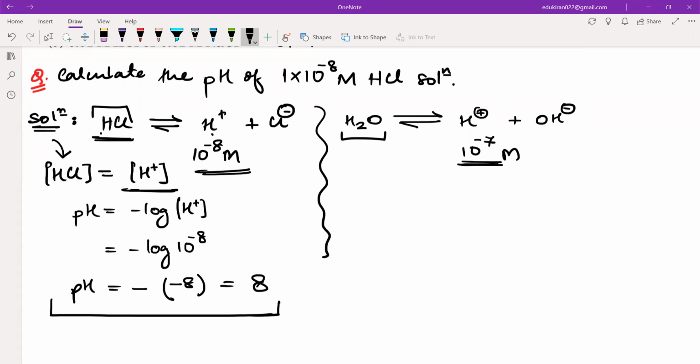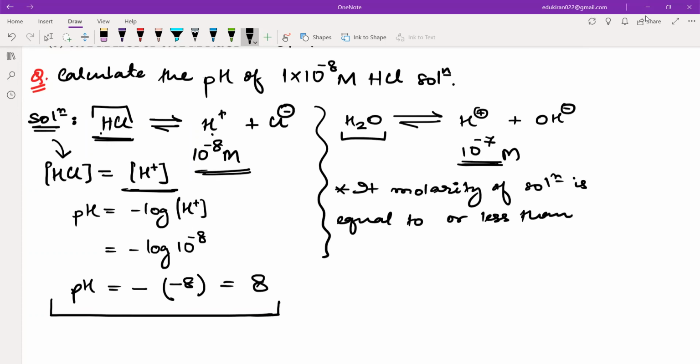For this type of case, you have to note that if the molarity of the solution is equal to or less than 10 to the power minus 6 molar, then the H plus and OH negative from water is considered.